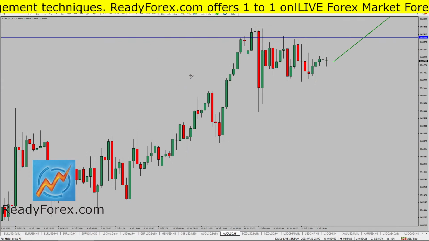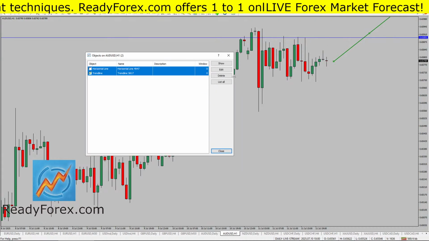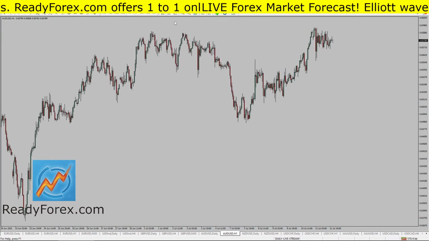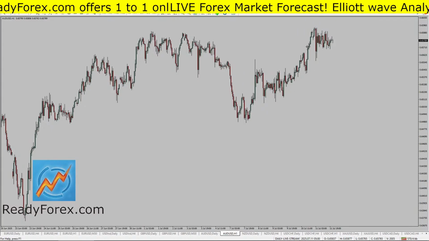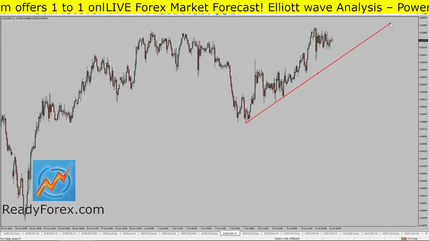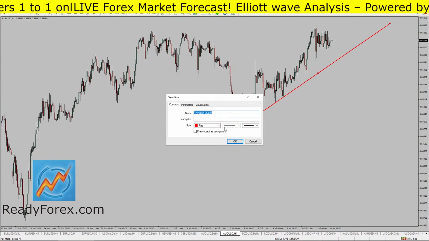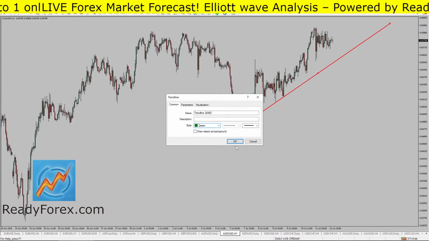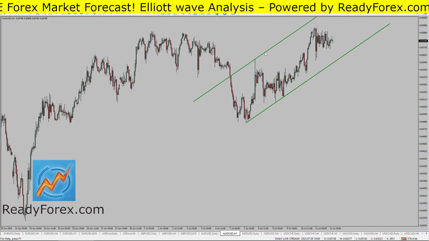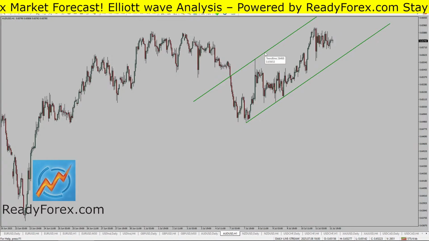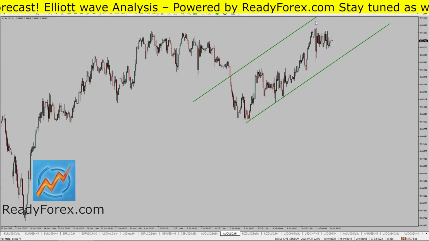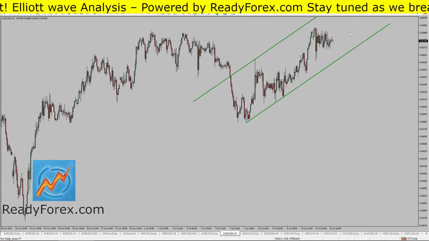If I go over to a 1 hour time frame, let me remove all of this over here. This is the 1 hour chart, and you notice we can draw simple bullish trend channel lines over here. So it's an uptrend. There is no reason to look for a bearish pattern or downtrend or sell setup, something like that.